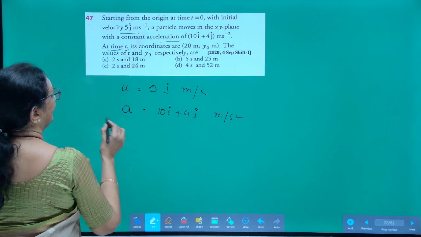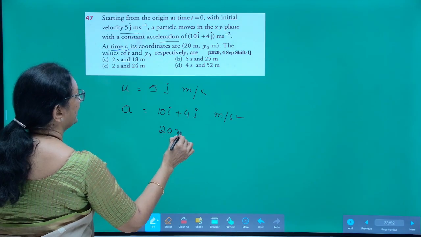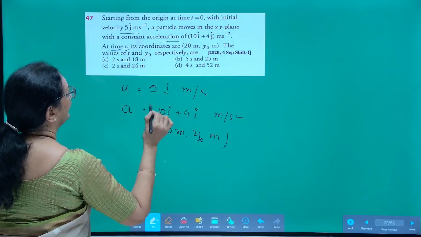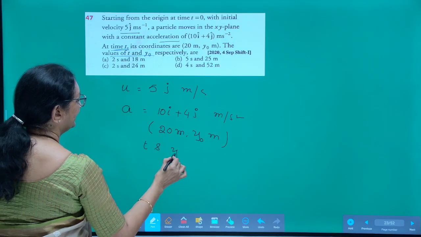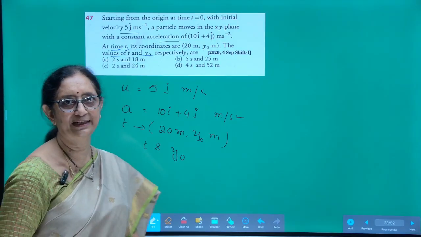At time t, its coordinates are given by 20 meters and y0 meters. The values of t and y0 are asked.